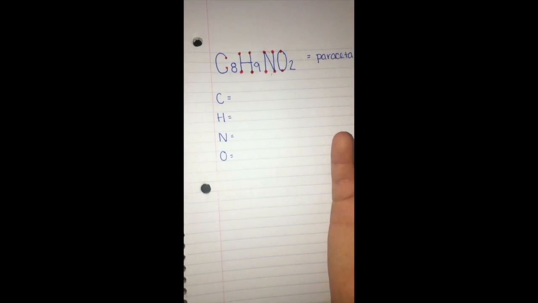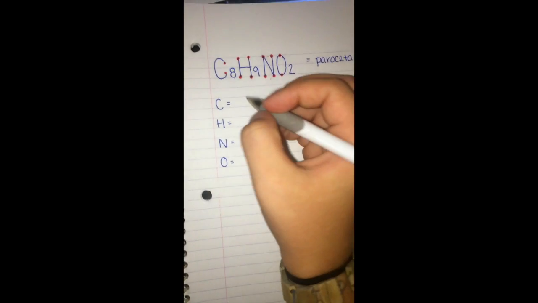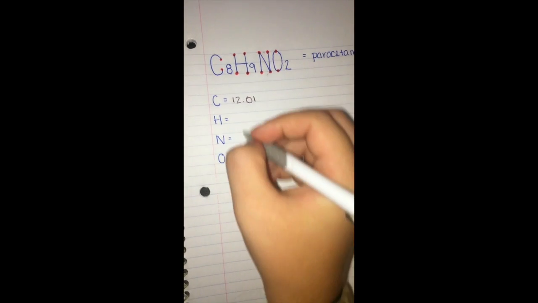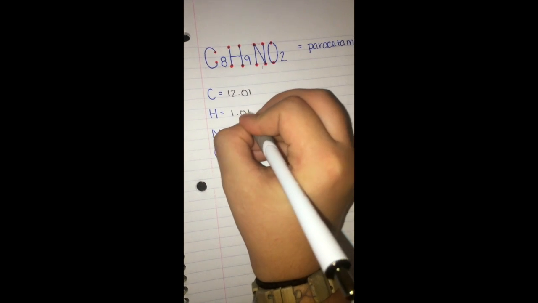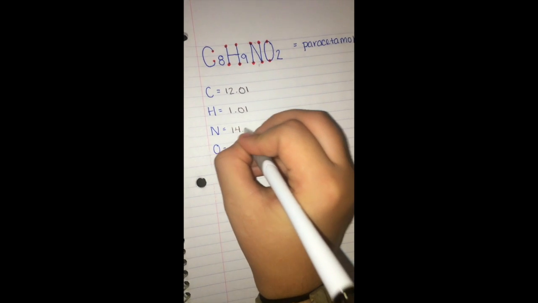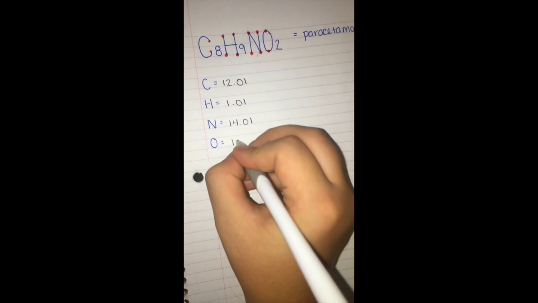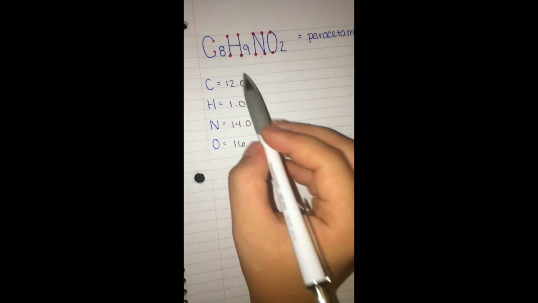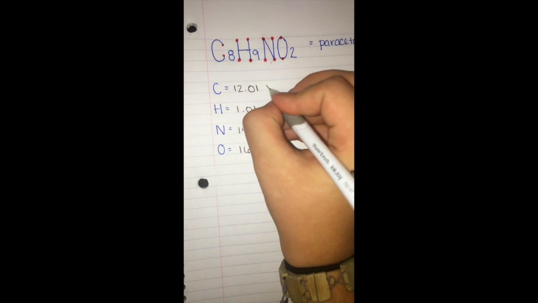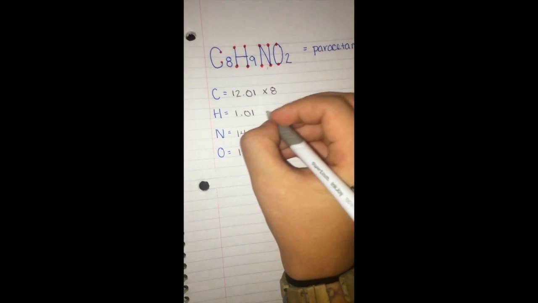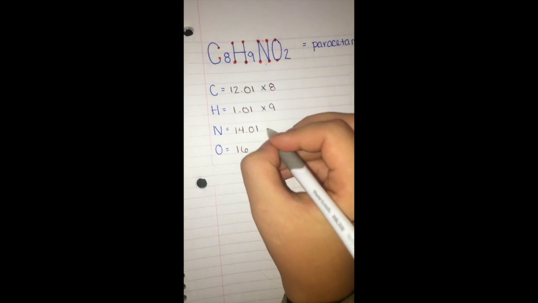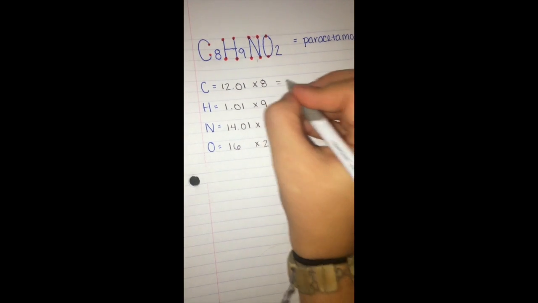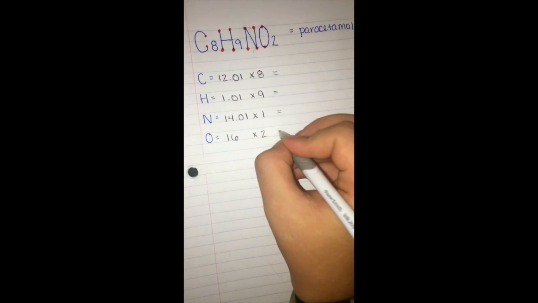But these are pretty common, so I know them offhand: carbon is 12.01, hydrogen 1.01, nitrogen 14.01, and oxygen 16. Now that is per atom, so we have to multiply by how many there are: times 8, times 9, times 1, times 2.